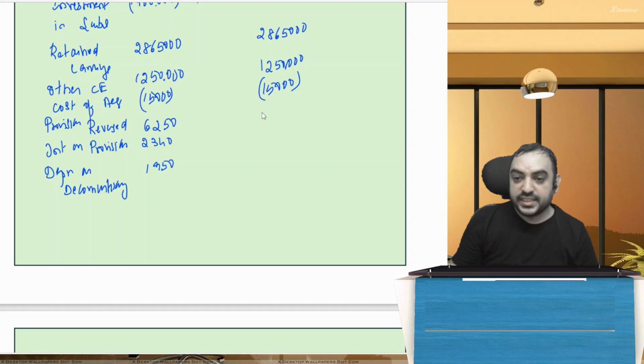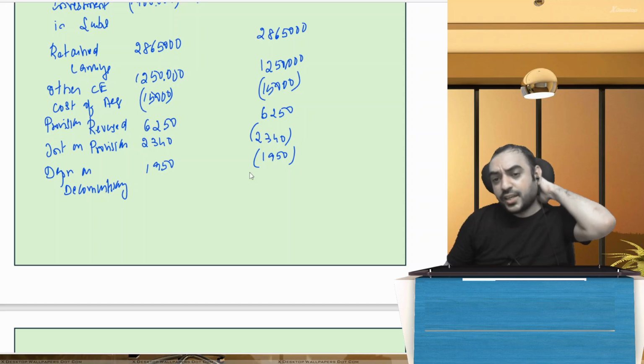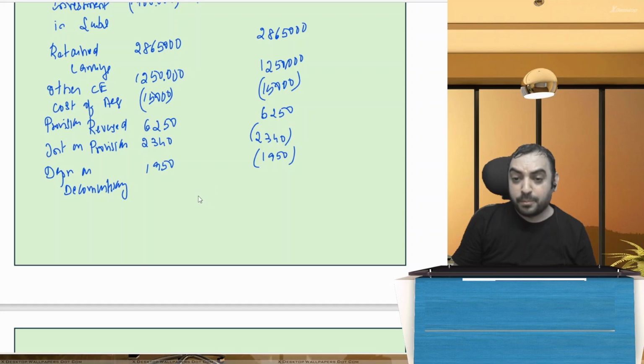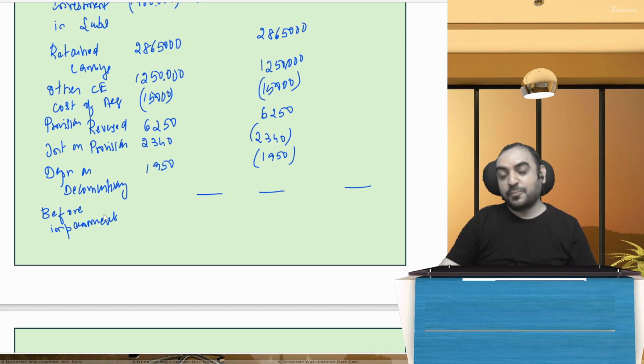So 6,250 is added, 2340 is subtracted, 1950 is subtracted. Okay, so the balance what you get now is the goodwill just before impairment, because they said some impairment of asset is also taking place.